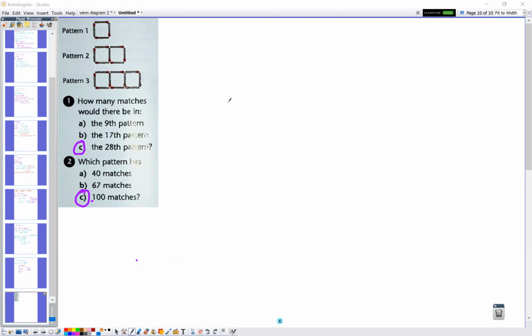Okay, thumbs up, as on the board. So look at these questions here. The question says the 28th pattern. Here's the formula.